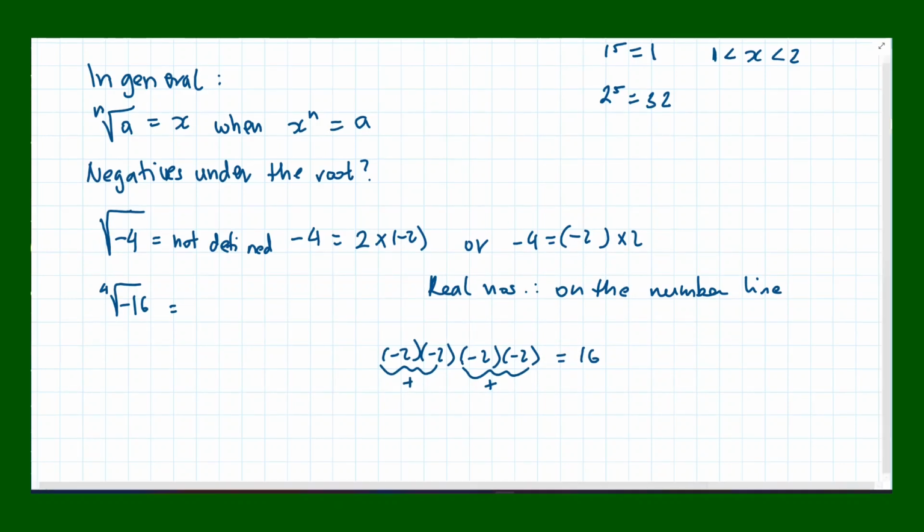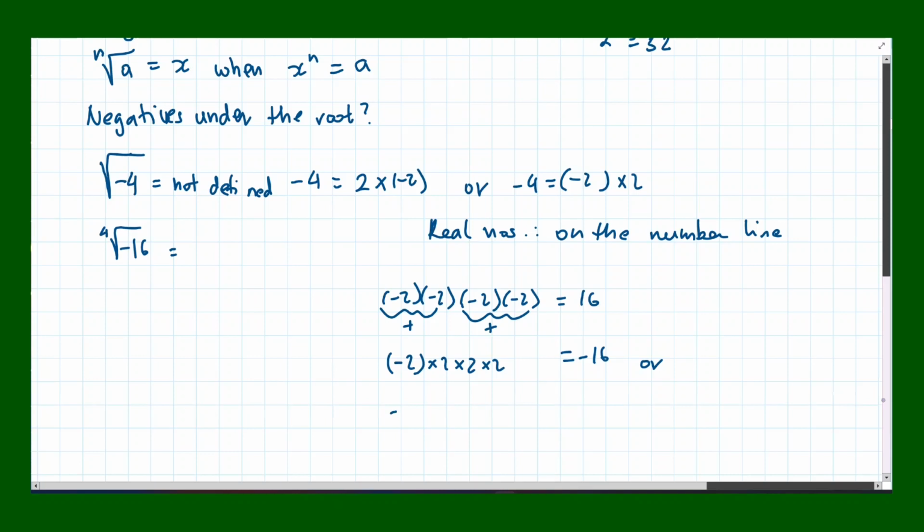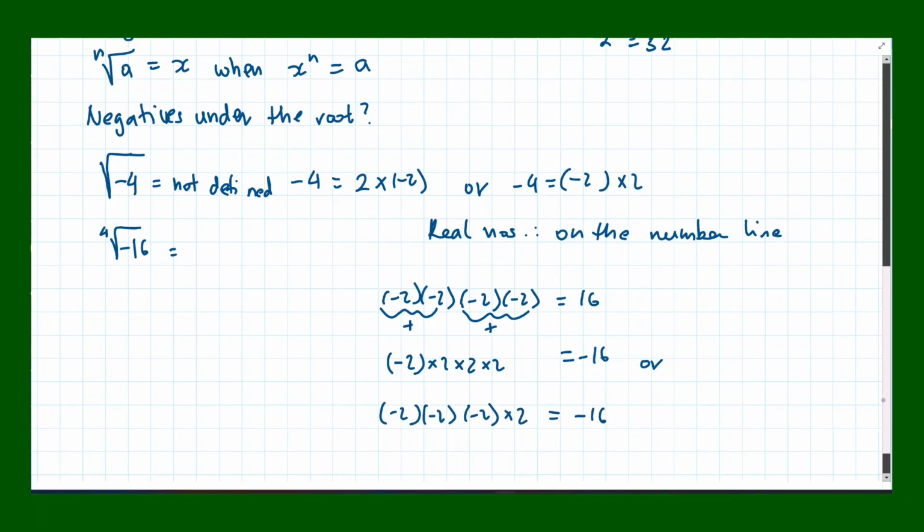So if I want to end up with negative 16, I either have to have one of the numbers negative and all of the rest positive, or I have to have 3 of the numbers negative and 1 positive, in whichever order. However, in this case, I'm not multiplying the same number by itself 4 times, because in the first case I have one negative 2, and in the second case I have one positive 2, so it's not all the same numbers. So again, it's not defined.